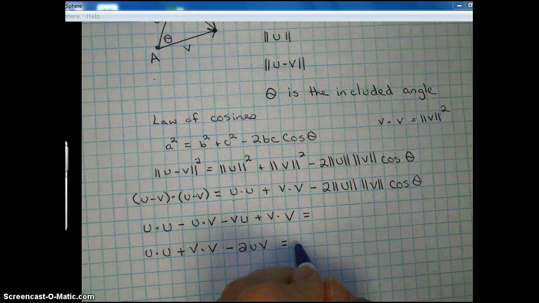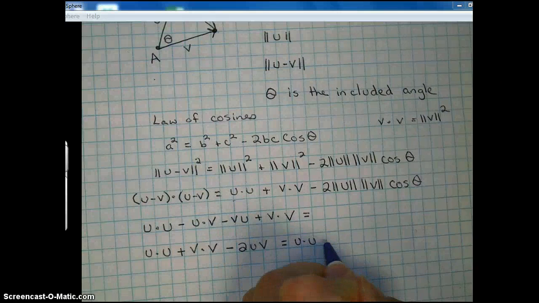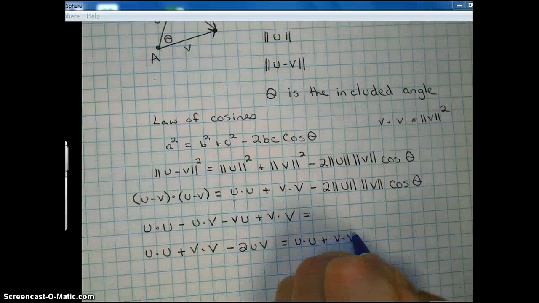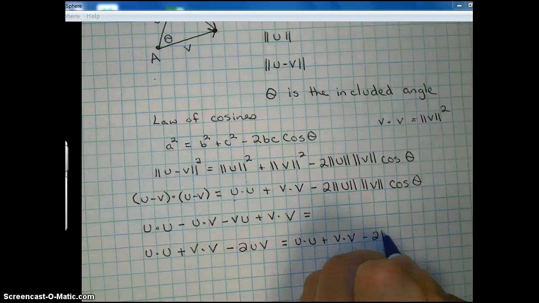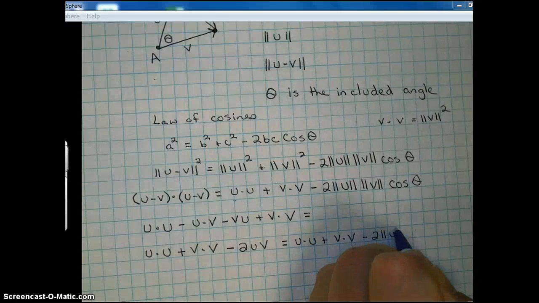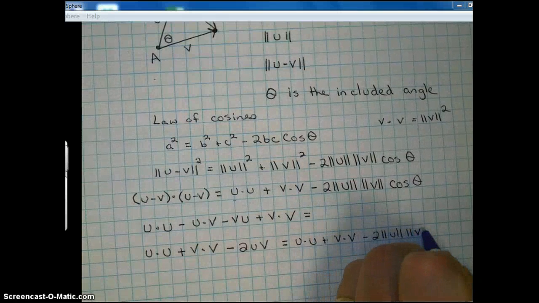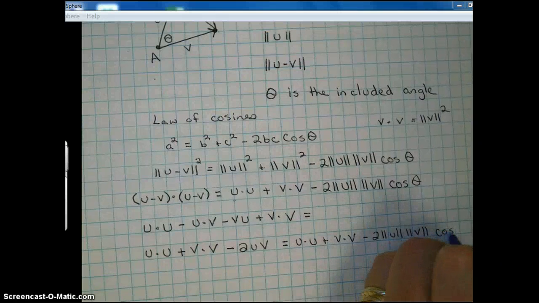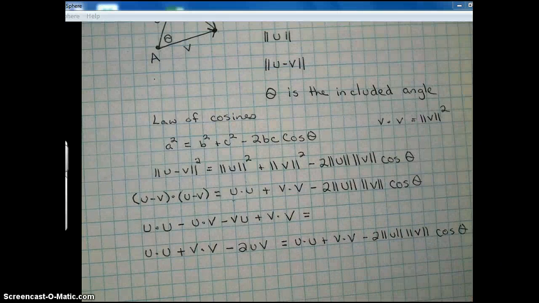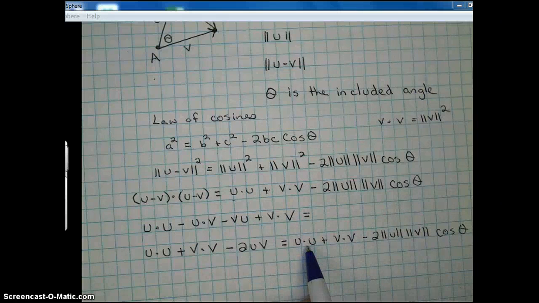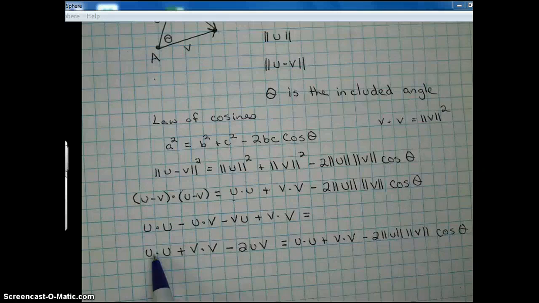So we got u times u plus v times v minus 2 times the magnitude of u times the magnitude of v times the cosine of theta. And notice if I subtract the u times u from both sides, they cancel.